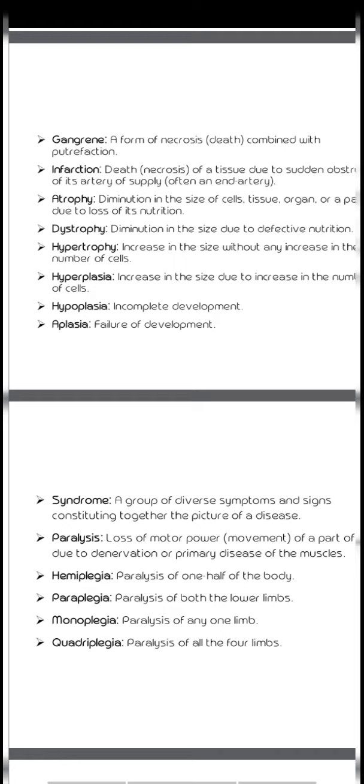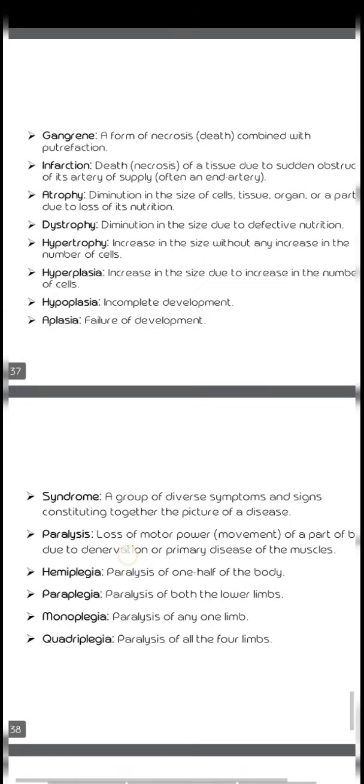Hypertrophy is increase in the size of the cell. In hypertrophy, there is no increase in numbers. When there is increase in the number of cells, it is known as hyperplasia. Hypertrophy is just increased size of the cells. It may be due to excessive usage of those cells.